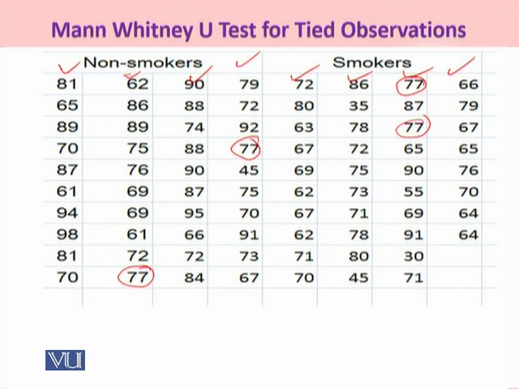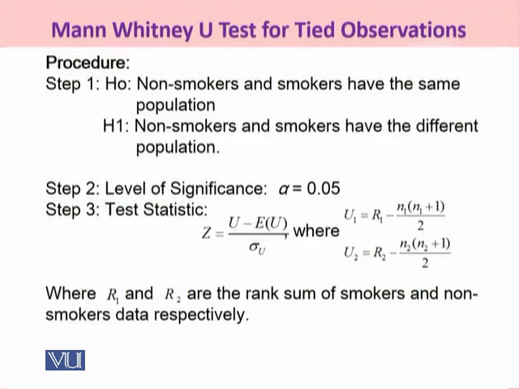But as you can see, most of the observations show ties within the same samples. So we are going to take up this problem and see whether we can ignore the ties or we can keep the ties and correct them under the Mann Whitney U test formula.